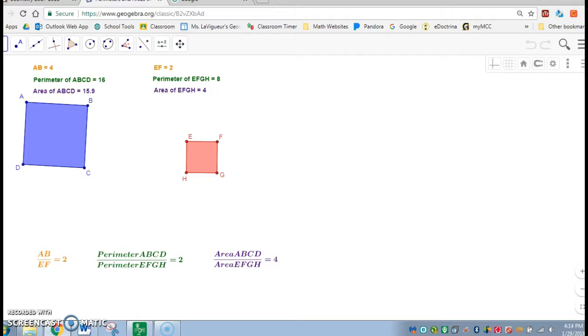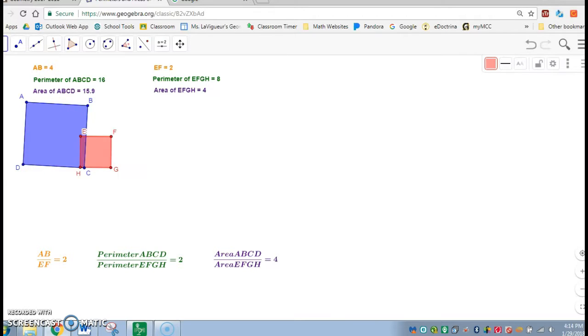But now when you talk about area, area is the amount of square units inside a shape. So this has a much bigger area. You can, in fact, fit this rectangle in here 4 times. 1, 2, 3, 4.